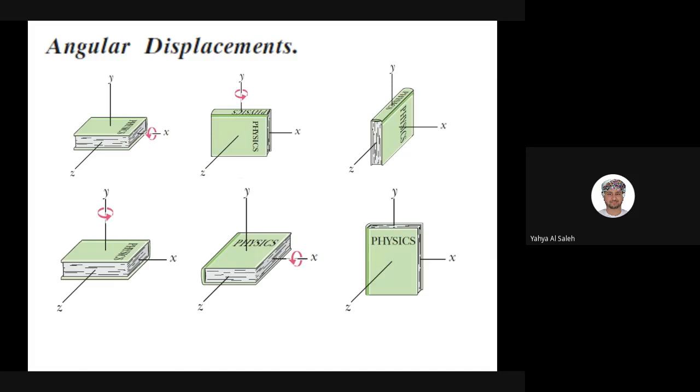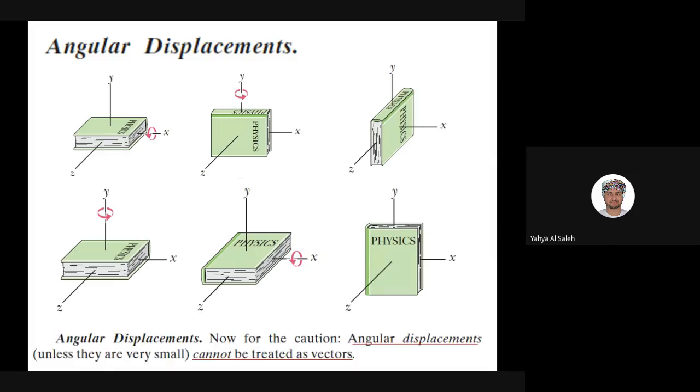So angular displacement is not a vector. It's a different thing. It's treated differently. Angular displacements are not vectors, because a key property of vectors is that they're commutative. A plus B equals B plus A. Now here, obviously, x plus y is not equal to y plus x. So it's not a vector. It's something else.